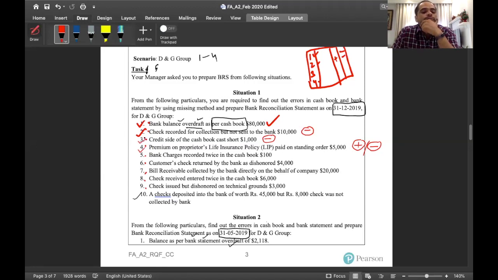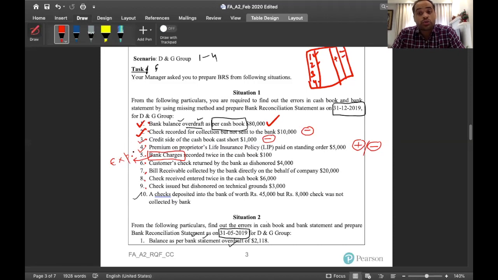Number five, bank charges recorded twice in the cash book. Remember, bank charges are your expense, right? Bank charges are your expenditures.